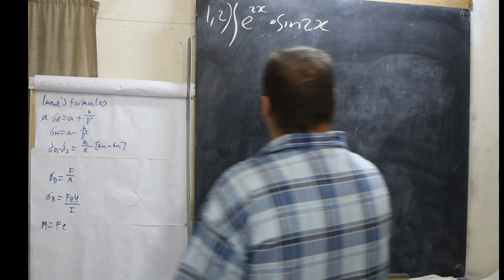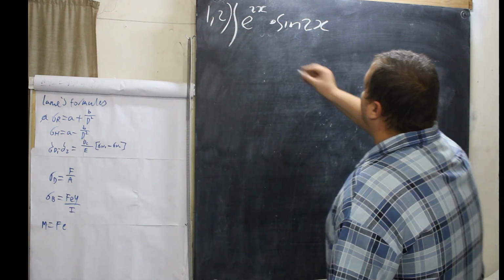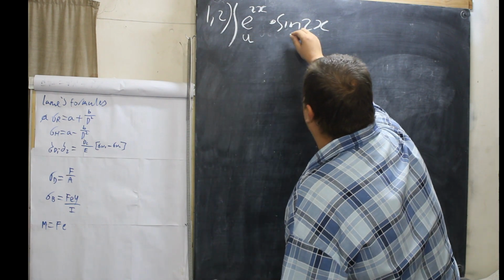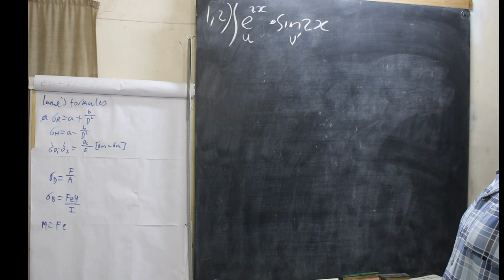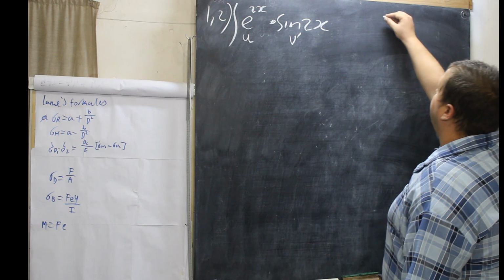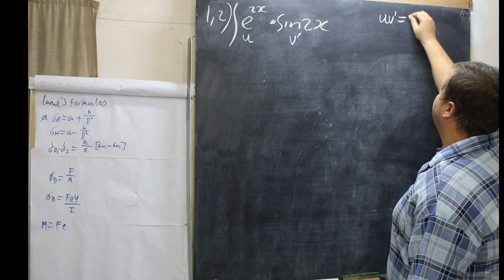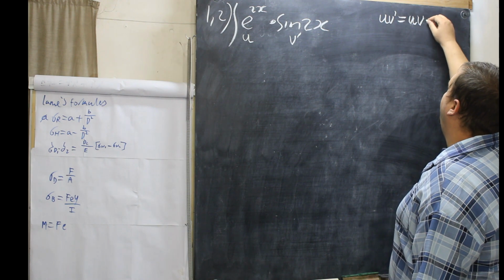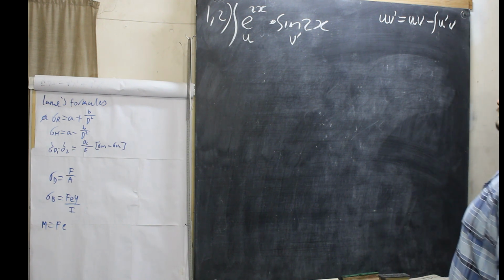So first things first, now this will be u and that'll be v prime. We've got to use integration by parts. So that formula is the integral of u v prime equals u v minus the integral of u prime v.